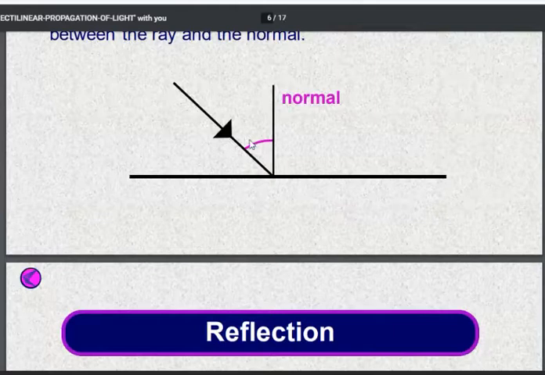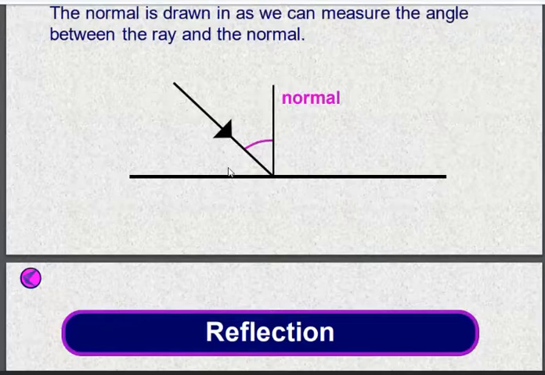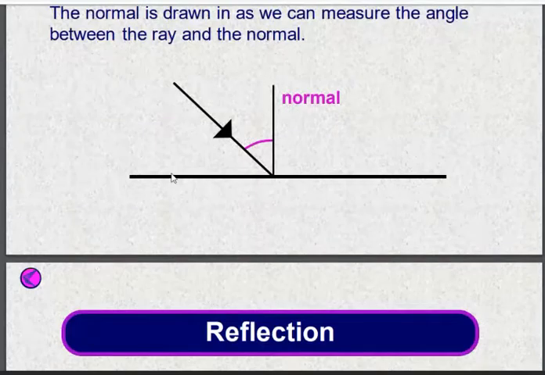Always remember, don't measure the angle of incidence with the reflecting surface. If you are asked that the angle made by the incident ray with the reflecting surface is 30 degrees, then what is the angle of incidence? A student may get confused and say that the angle of incidence is 30 degrees itself.